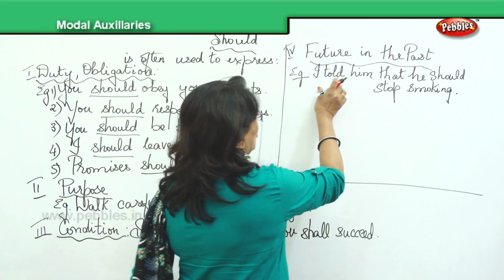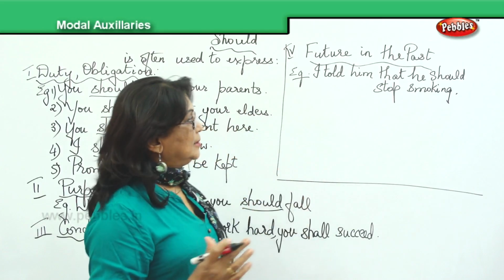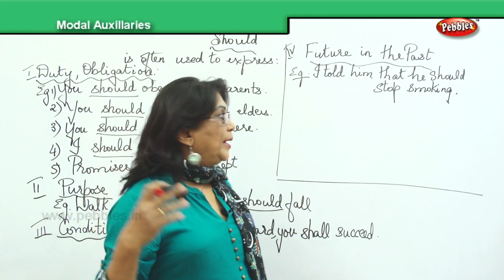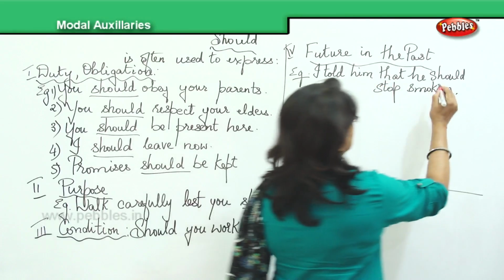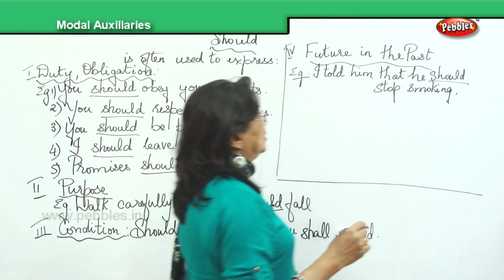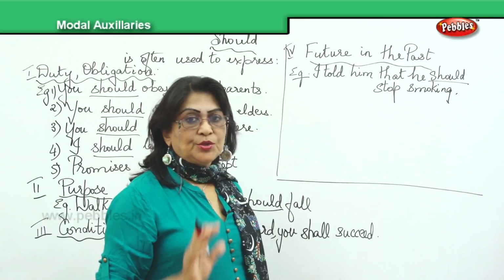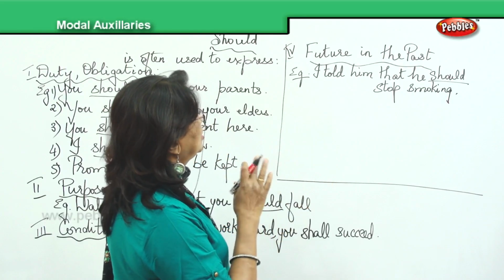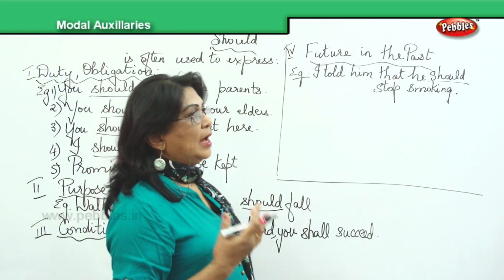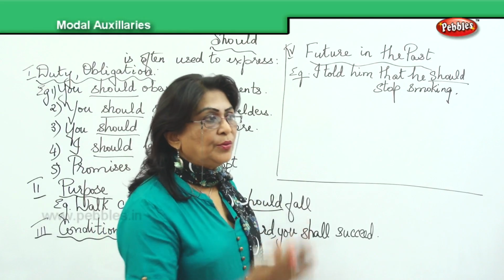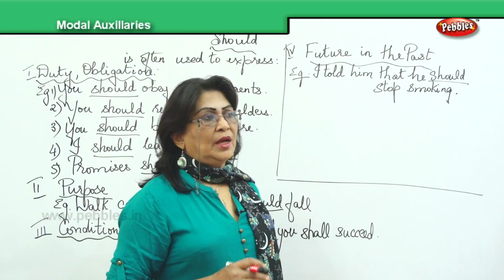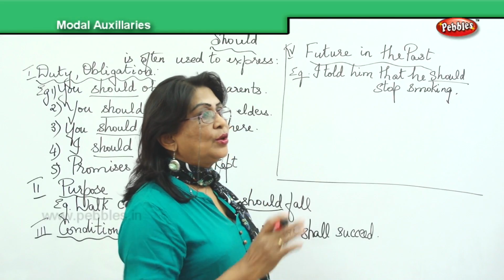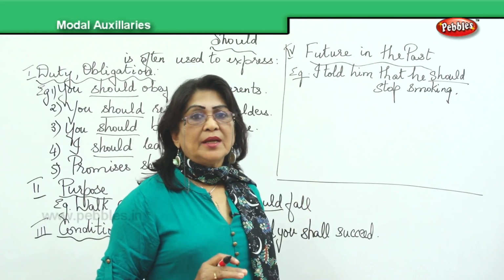See, I told him is a past tense. He told some time back that he should stop smoking. That is, in future, he should not smoke. So, future in the past, that's another usage. I told him that he should not wear that black shoes. I told him that he should not go to America.